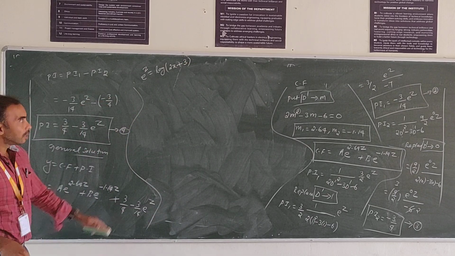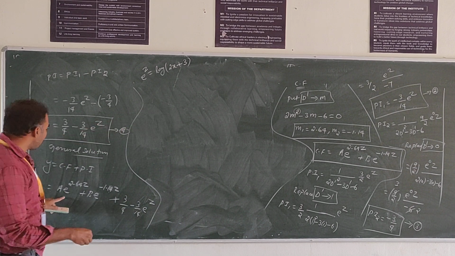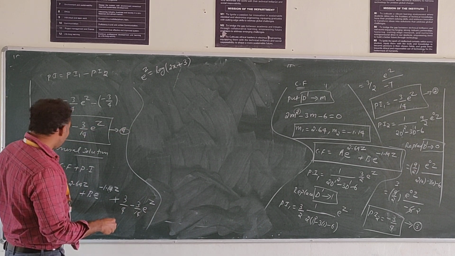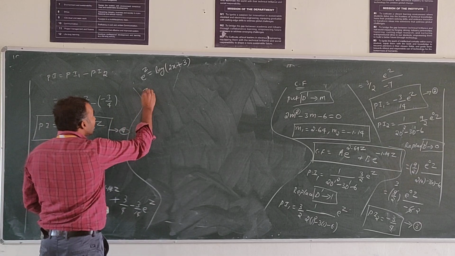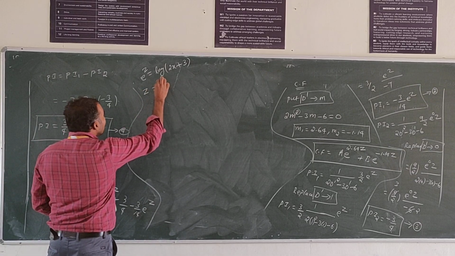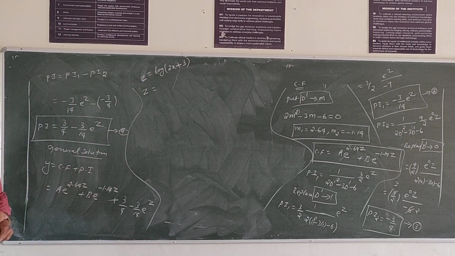Listen carefully. e power z can be written like this: instead of z we can apply log 2x plus 3.